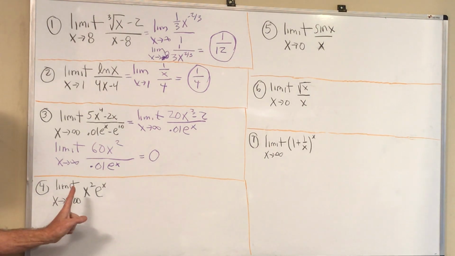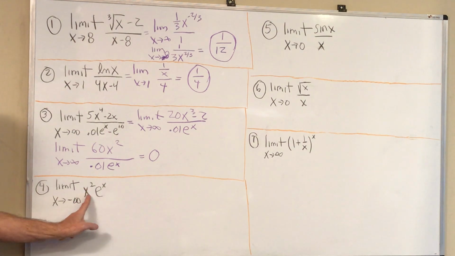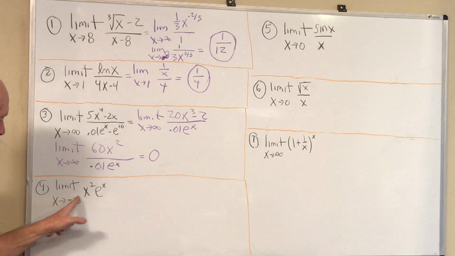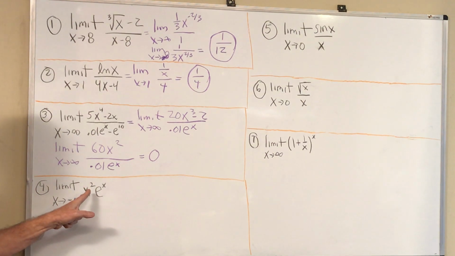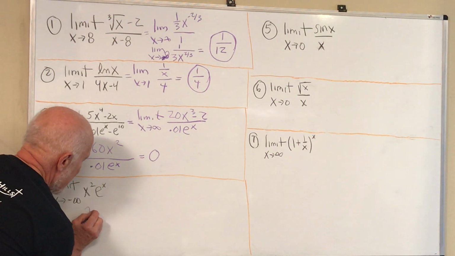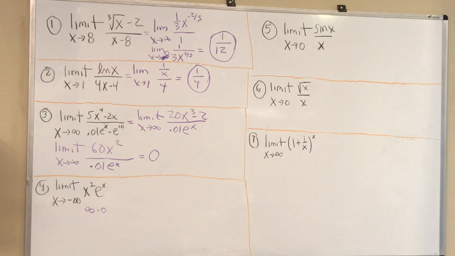Now, here's something quite different. We don't have a function divided by a function. We have a function times a function. And if we plug it in, negative infinity squared would go to infinity, and e to the negative infinity would go to 0. So this time we have infinity times 0. That's actually a different type of indeterminate form.